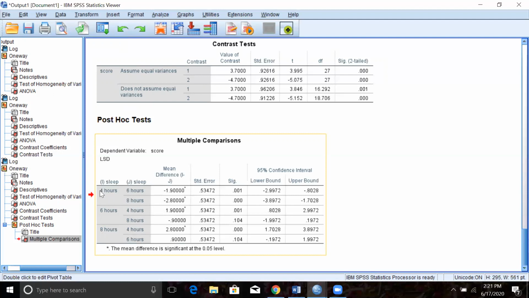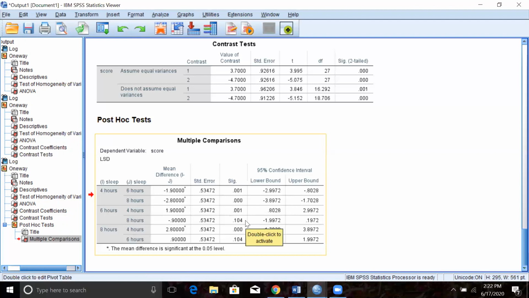So up here, you compare 4 hours to 6 hours and 4 hours to 8 hours. You can additionally contrast 6 hours to 4 hours down here, but it's the exact same information as comparing 4 to 6. So you only need to report your LSD tests for each possible combination: 4 to 6, 4 to 8, and then 6 to 8.